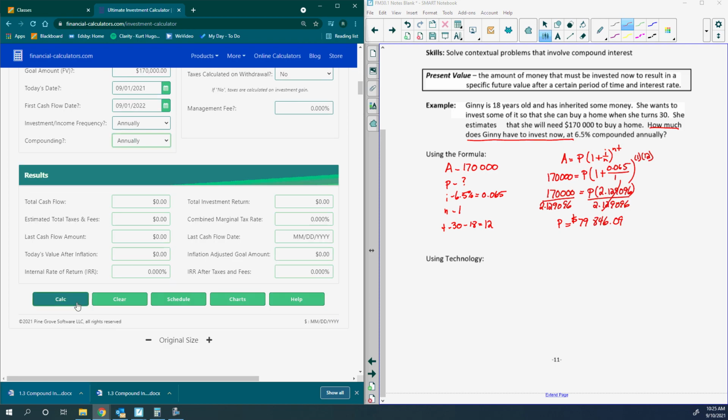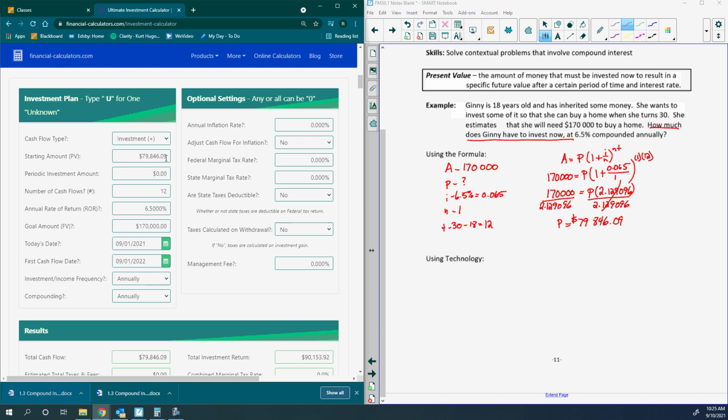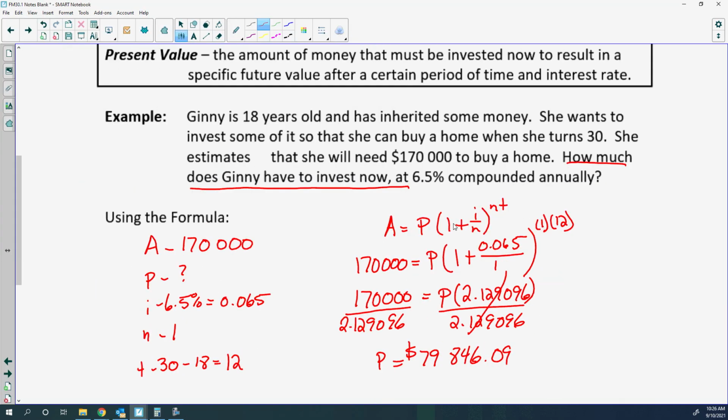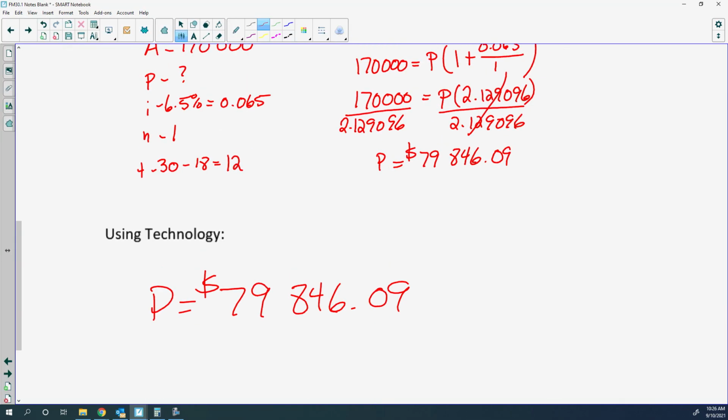Then if I click calculate and go out to my present value, I get the exact same thing that I would have got with the formula, if I wrote it down right: $79,846.09. Remember your dollar symbols because we're dealing with money. And that is the end of the instructional video.